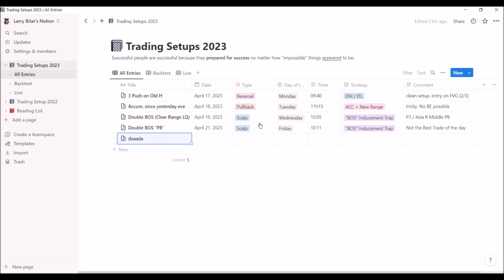It's not always the best trades. But yeah. And then you can compare with me. I think the most progress I have made was once I started doing this.